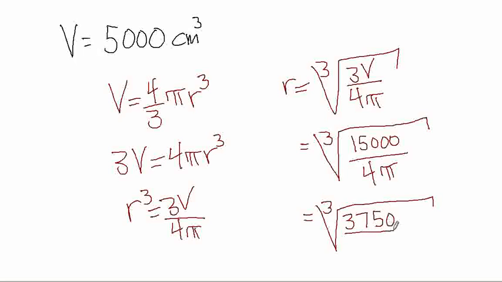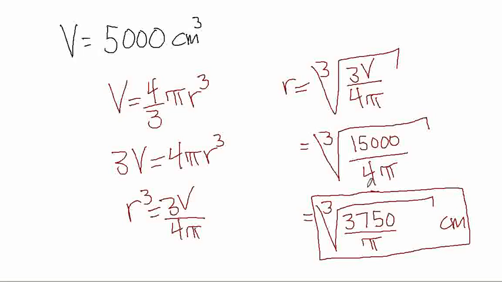So 3,750 divided by pi, centimeters. That is the radius, and you can get a decimal approximation to that if you like.